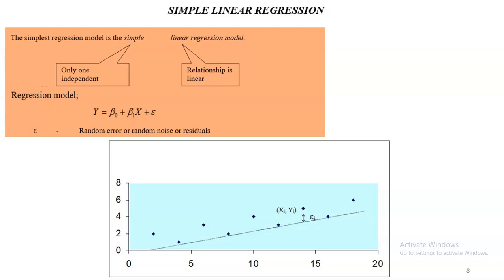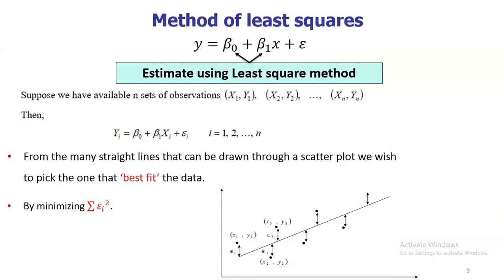The vertical distance from the line to the point is the residual, or the epsilon. So there could be epsilon 1, epsilon 2, epsilon 3, and so on. Remember, epsilon is nothing but the vertical distance from the best fitted line to the point that you are looking at.